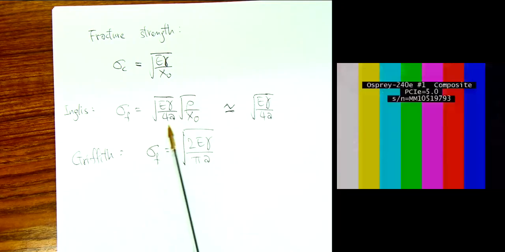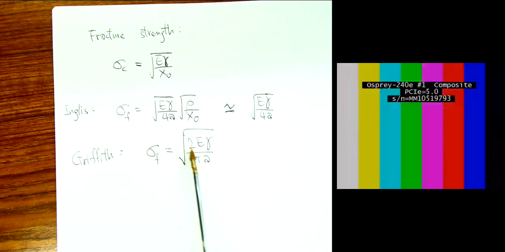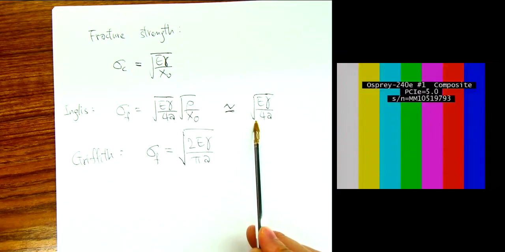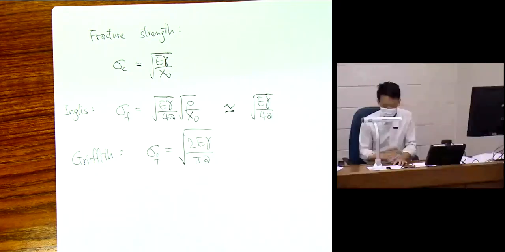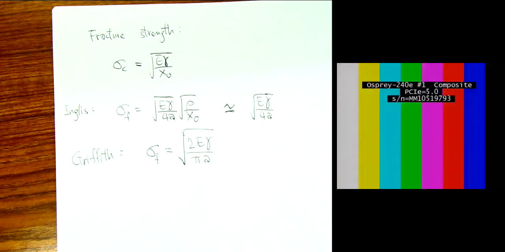But then the constant is going to be slightly different, right? This has 2 over pi, and over here it is just 1 over 2, the square root of 1 over 4. So slightly different constants, but then the E and gamma, which is the surface energy, are both there. So there are some similarities.